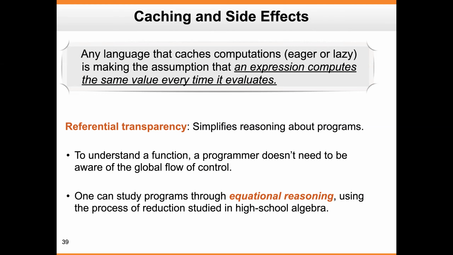It has great features because it simplifies reasoning about programs. To understand a program, I don't need to be aware of the global control flow of the program. I can apply equational reasoning, the process of reduction, which is already well known from high school algebra.